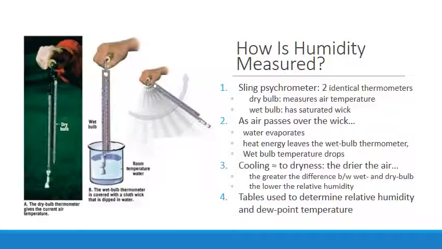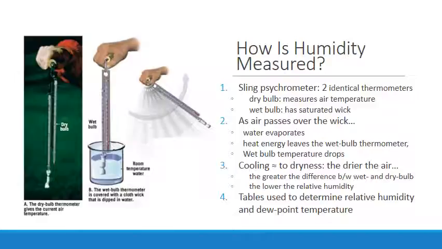So what you do is you saturate the cloth wick with water, and you generate a continuous current around that wick, either by spinning the psychrometer, it's on a little hinge, or by using an electric fan to move the air past the instrument.